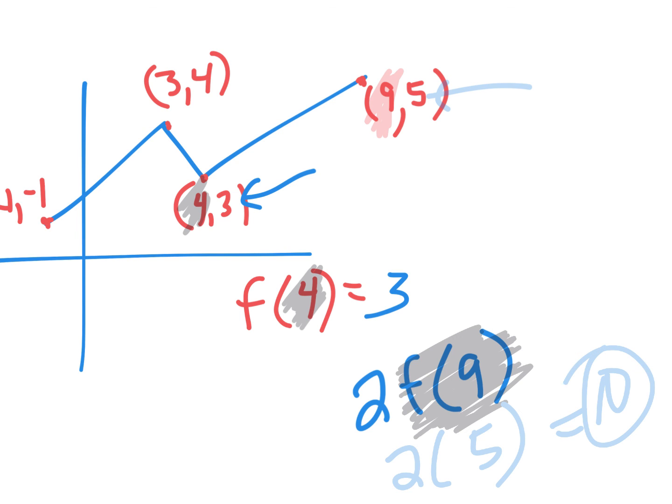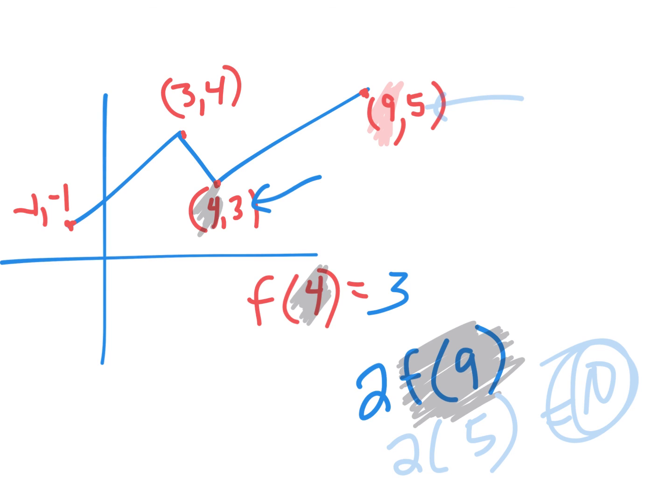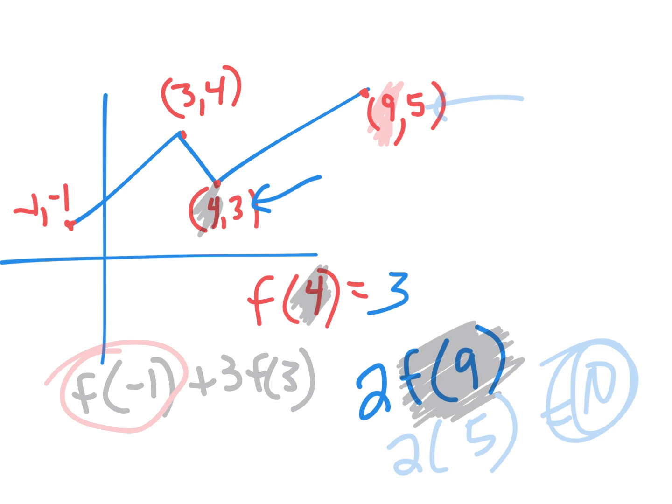Awesome. So I think we've covered most of the things now. Not everything, but most of the things. Here's one last thing that people sometimes get, like they think they have to do something really complicated and you don't. What if I said, what's f of -1 plus 3 f of 3? F of -1 was really easy.